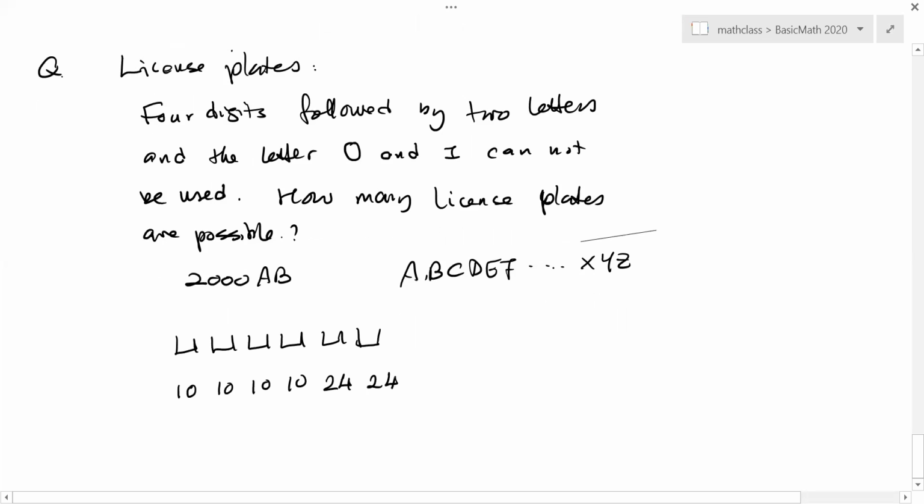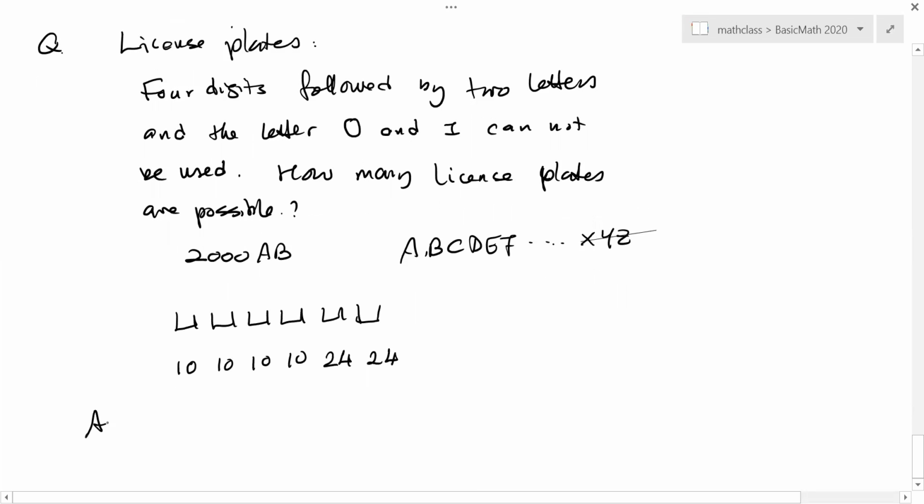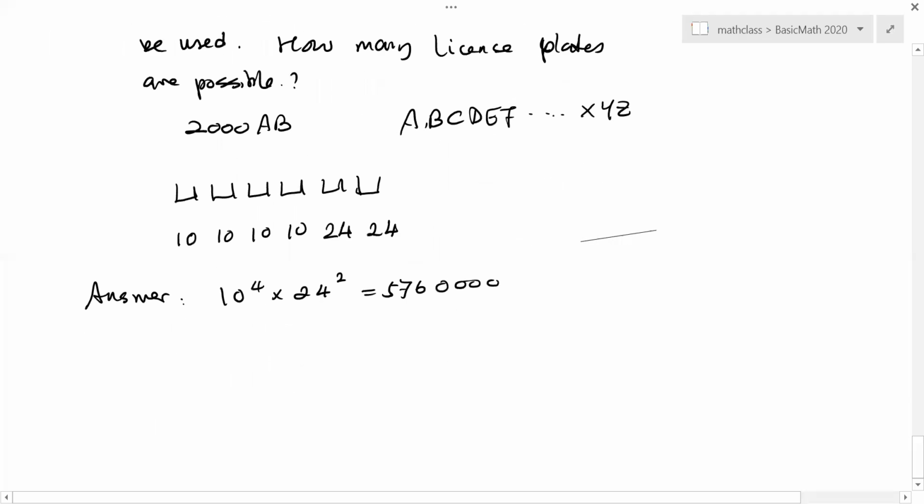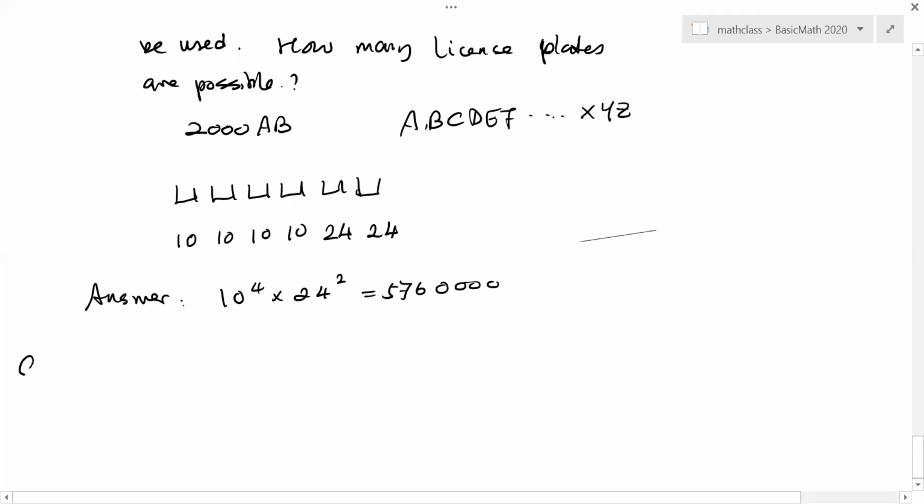So the answer is a really big number, 10 to the 4th power times 24 squared. If you multiply them out, 24 squared is 576, and you just add the 4 zeros at the end.